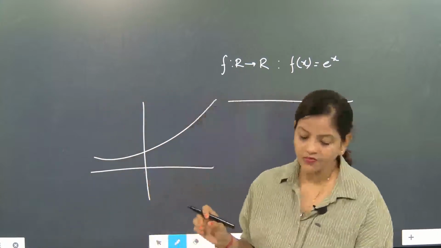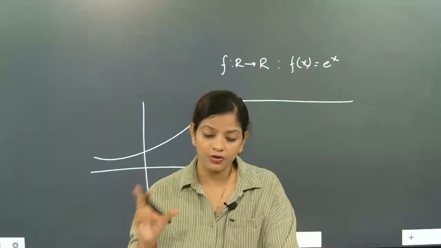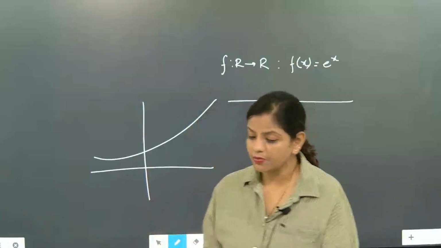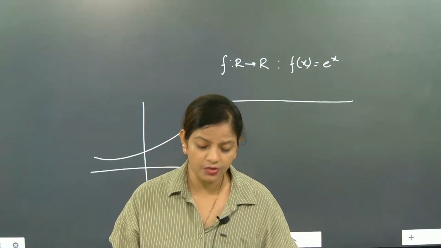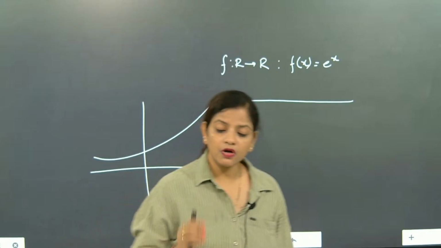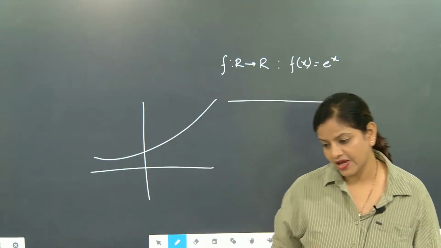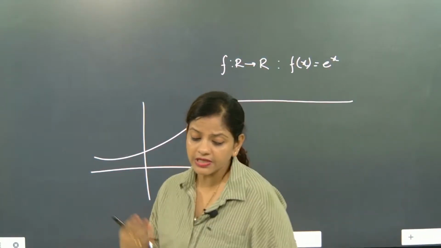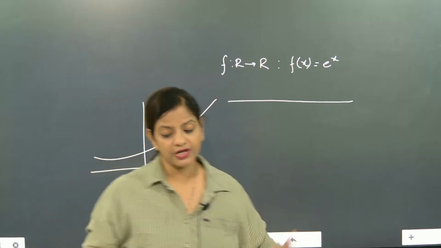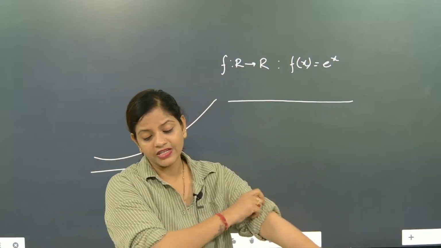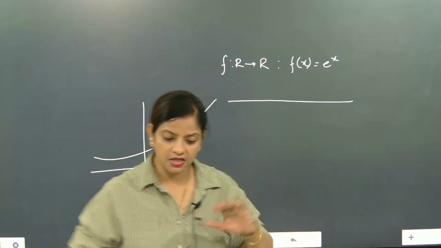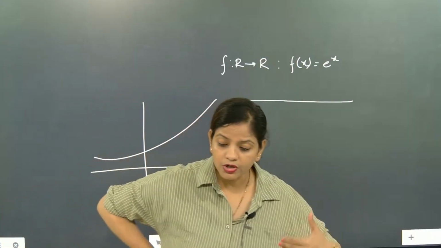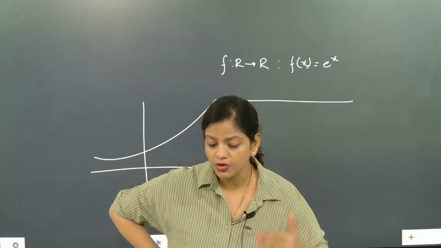You just say 1-1, but it will not be onto. Understood or not? It will be into. Absolutely correct, so it will not be surjective. It is not a bijective case. It is 1-1 correspondence: for every different value of x you will get a value of y. But it will not be onto, beta, it will be into.